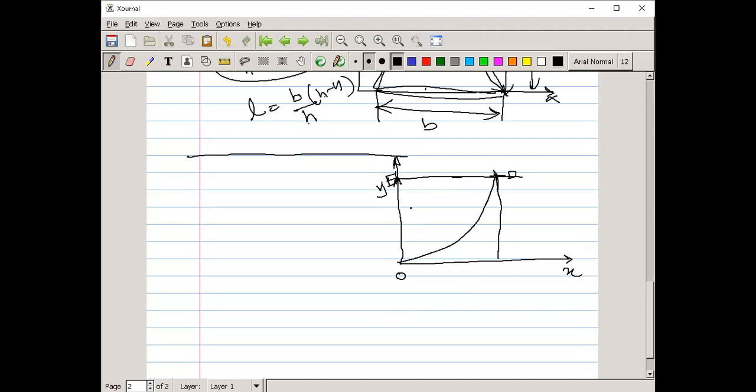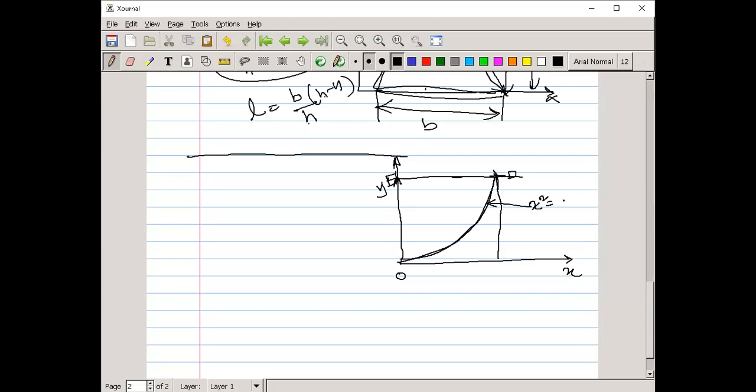So the question is, for this figure, this curve OD represents the equation of a parabola. What is the equation of a parabola? From this curve the equation is given in the question also.